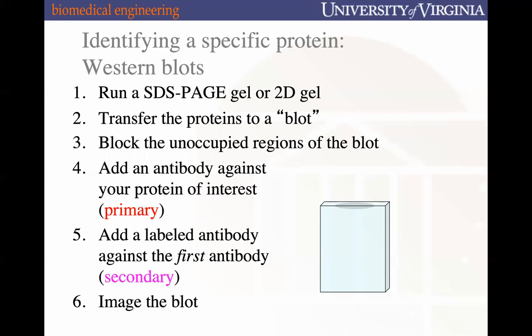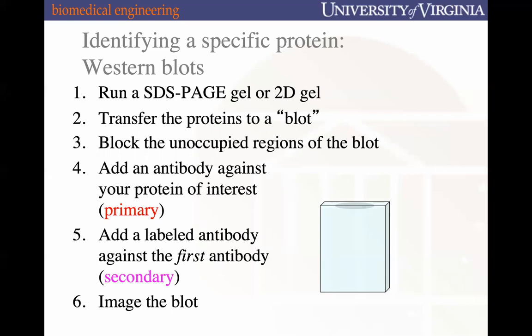Typically we have this box that we have our gels in, and we'll connect it to a power supply, and we'll have a certain voltage running across it. In your gel, you'll probably have one lane that has your ladder or standard, with specific proteins that mark the different molecular weights on your gel.